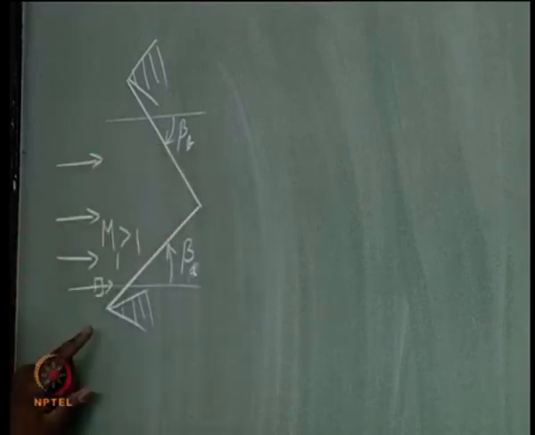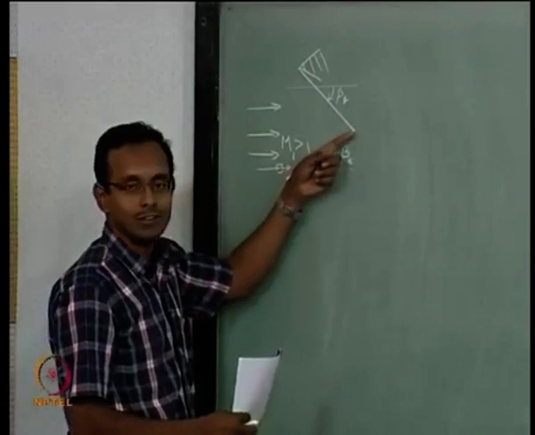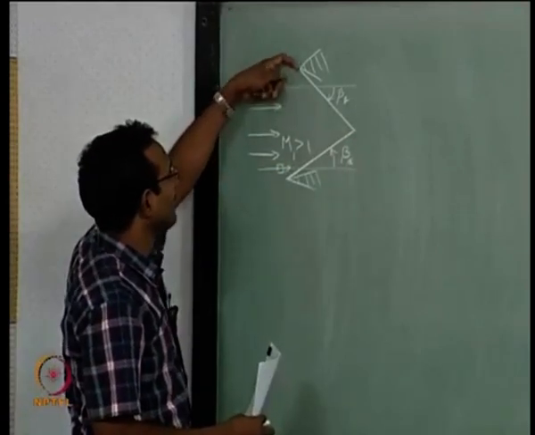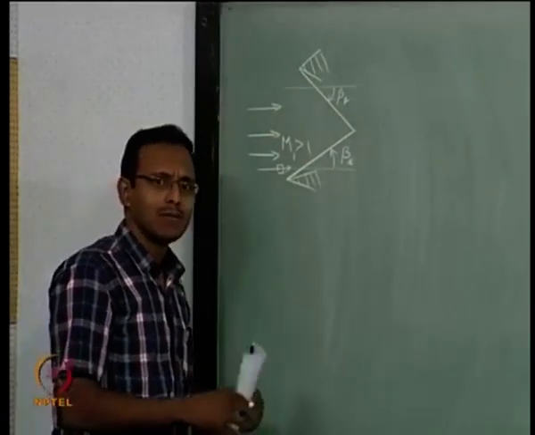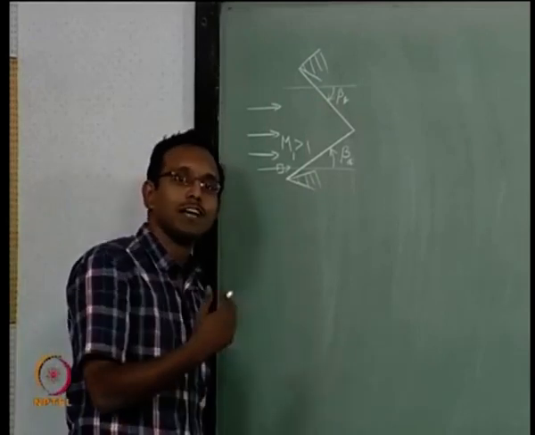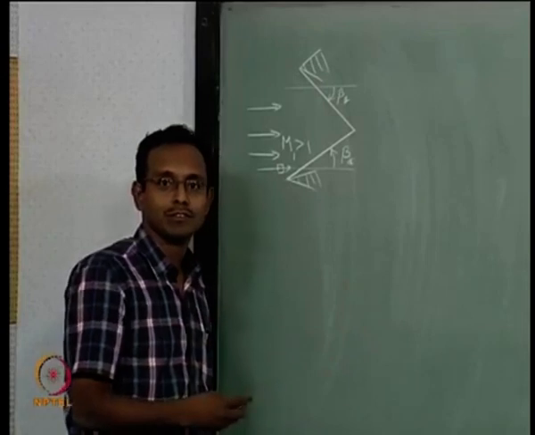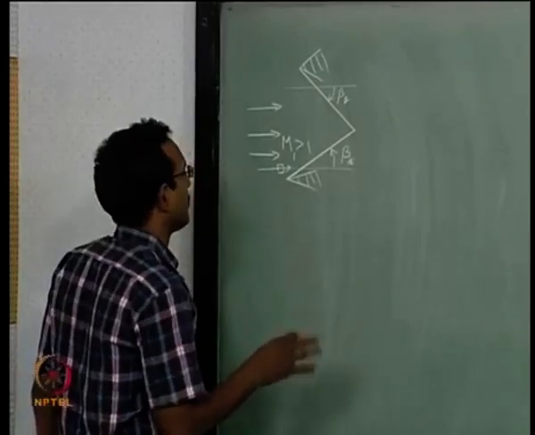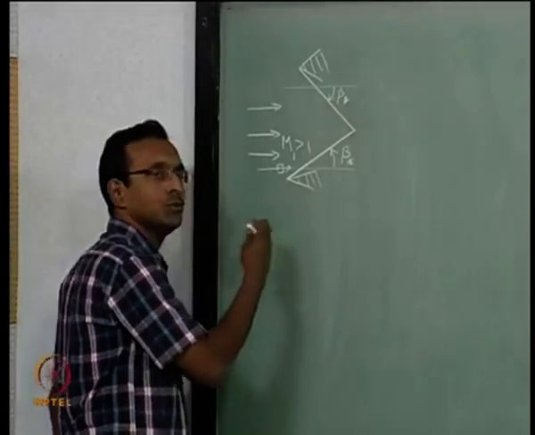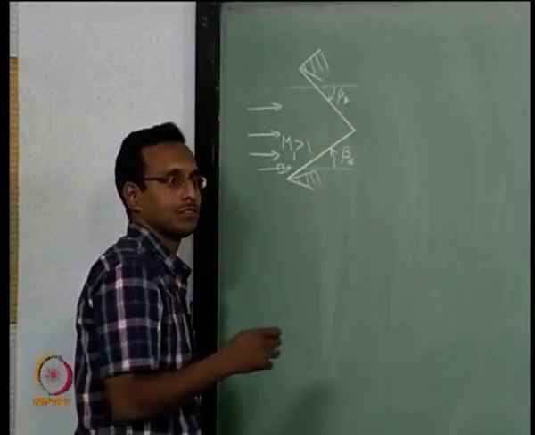So it is called the left running shock, while that one is a right running shock. It came from the idea of method of characteristics, which we will introduce towards the middle of the course, but as of now we will just use that terminology, it is useful for us.